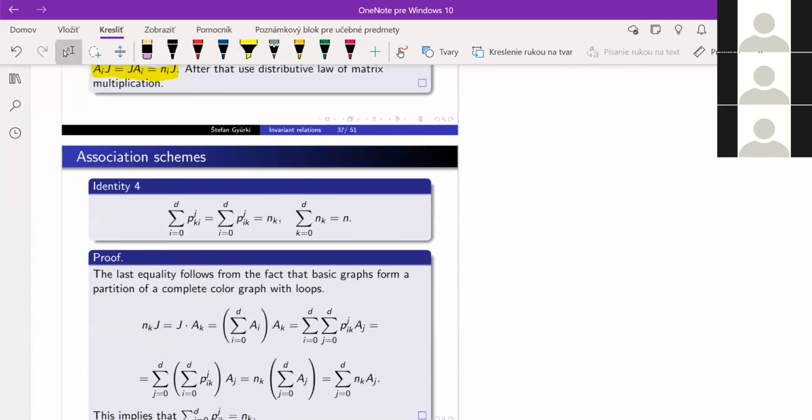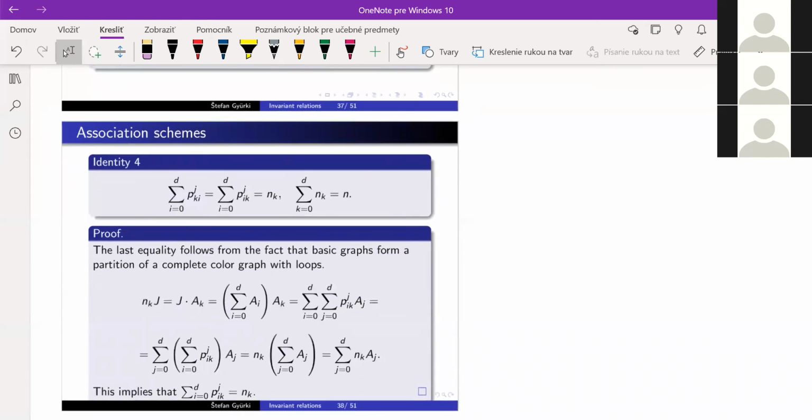Now, identity 4 says that if you count the sum of such intersection numbers where the first subscript and the superscript are fixed, then you obtain the valency of the basic graph k. Why is it so?